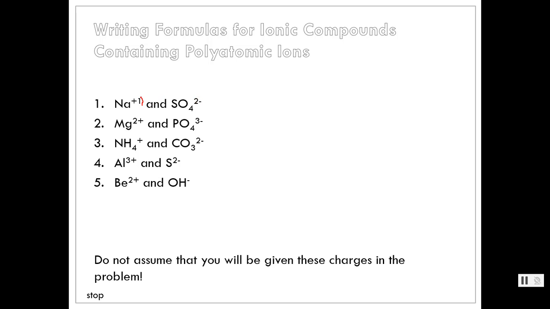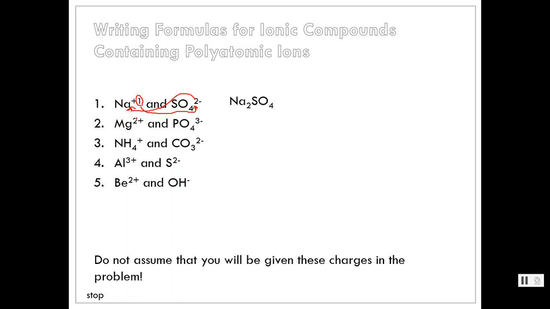So if I do my little crisscross here, I know that I'm going to need just one SO4, and I will need 2 sodiums. Again, those charges become subscripts. If I have just one of something, I don't need to put the 1. So I don't need to put the subscript 1 for SO4, but I do need to put the subscript for sodium. So my balanced formula for number 1 is going to be Na2SO4.